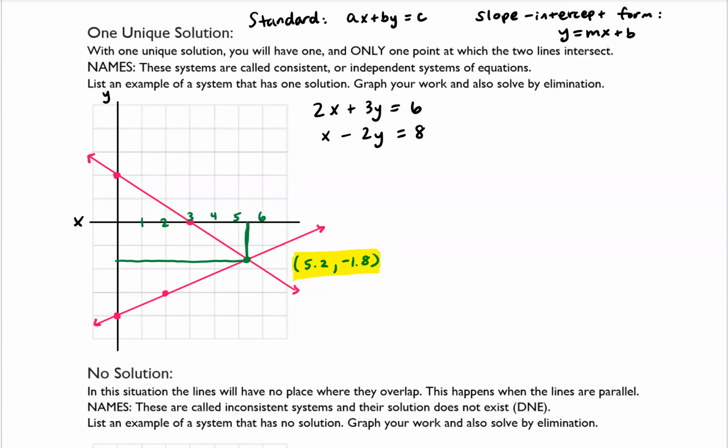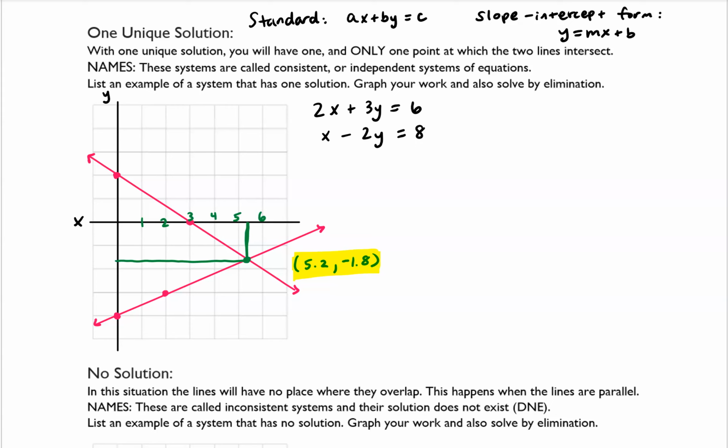So we're going to jump into talking about what's called the elimination method. And the reason it's called elimination is because our goal is to eliminate one of the variables, and we do that by either adding or subtracting the 2 equations together.